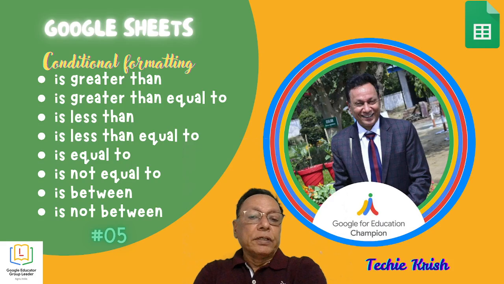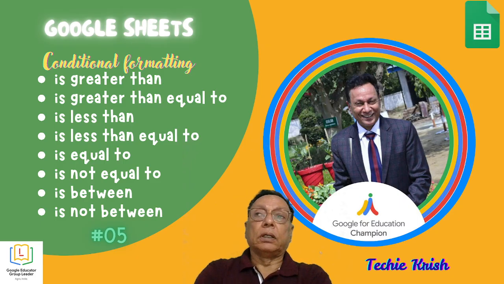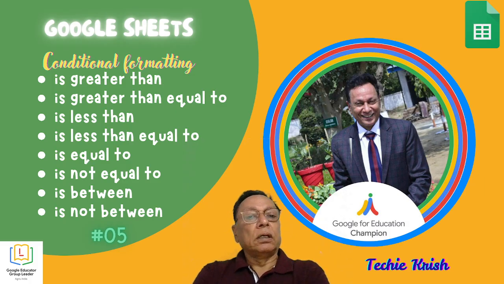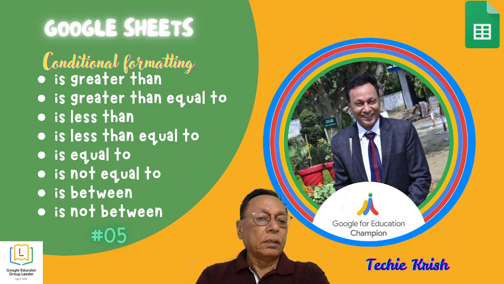Hi all, we discussed conditional formatting, and in that I discussed custom formula. I also discussed conditional formatting on text, and this time I'm going to discuss conditional formatting through numbers.